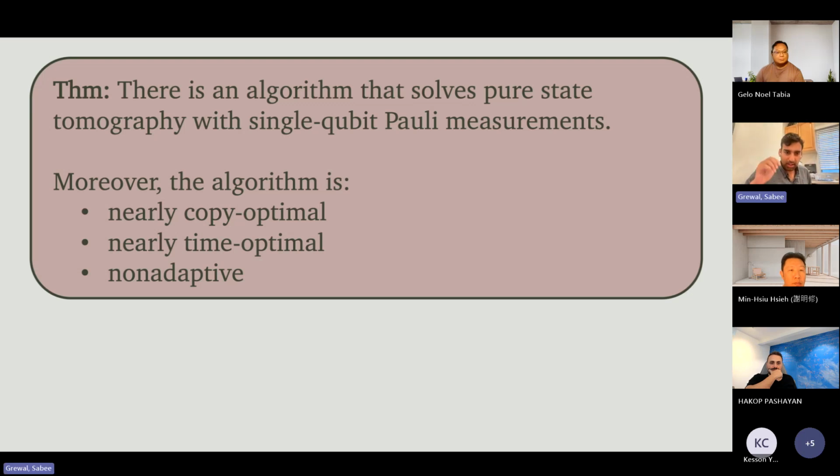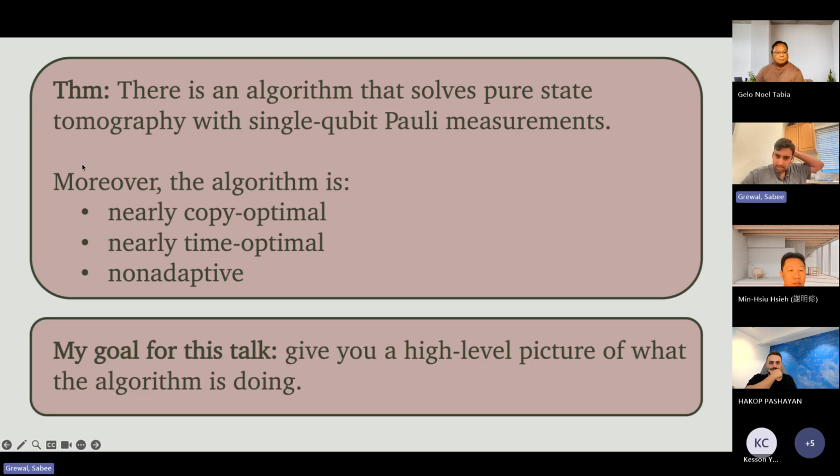My goal for this talk is to give you a high level picture of what this algorithm is doing. I guess Jello suggested keeping things intuitive and high level, so I'm going to spare the less interesting calculations. But of course, feel free to ask questions as we go.